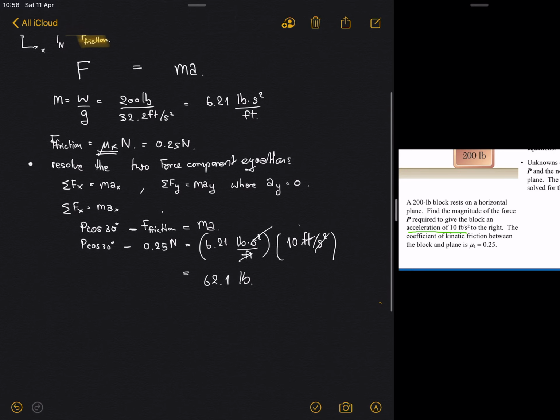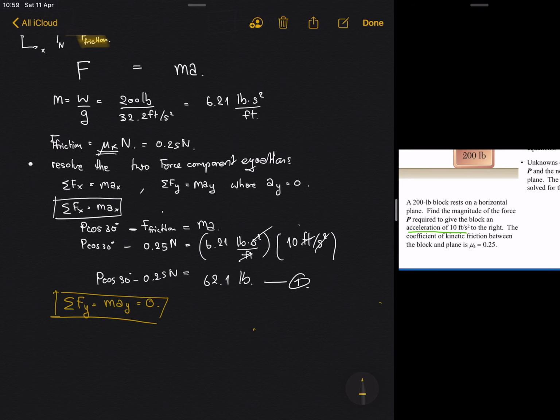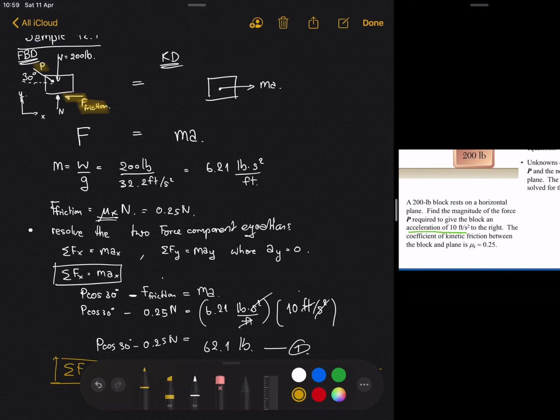And then let's solve the y-axis. So this will be our P cos 30 minus 0.25 N, and this will be our equation 1. Okay, and then next we have sigma Fy equal to m ay equal to 0. And then here on the y-axis, what do we have there?